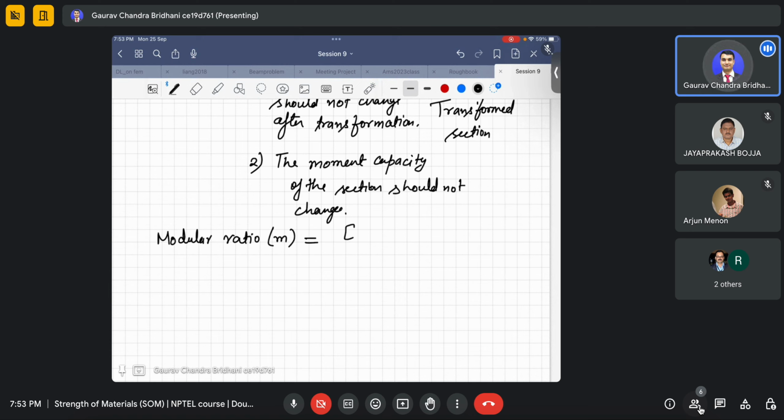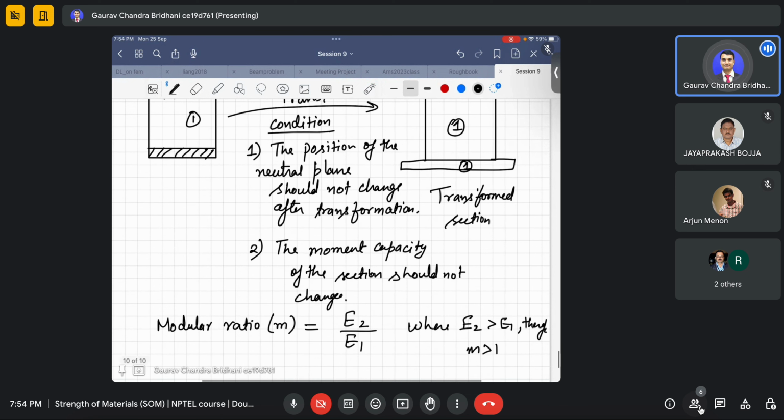It is nothing but E2 by E1, where E2 is greater than E1, therefore m is greater than 1. This is defined as the ratio between E2 and E1.